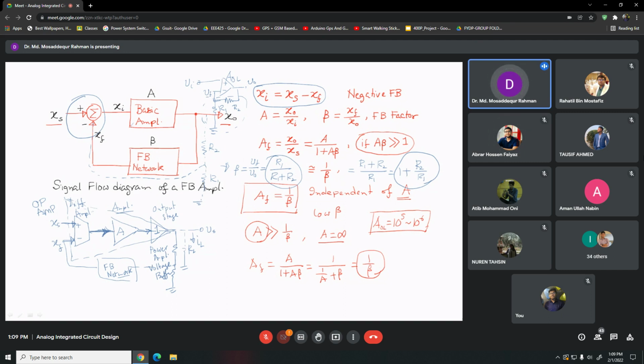Another reason to add this buffer stage: the current level in the basic amplifier is usually in the microampere range. In the buffer, it will be raised to at least the milliampere range, so that you can perform some regular operation.